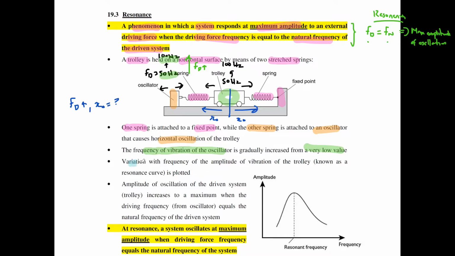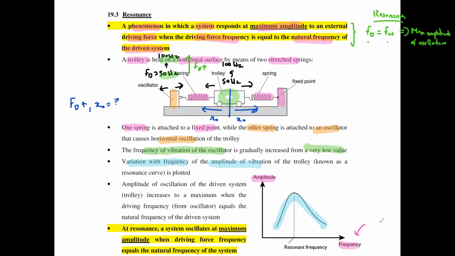Okay, so what you notice is that you get a very specific graph shape. If you were to plot the variation of the amplitude of vibration of the trolley with frequency, you will get something that looks like this. This is a graph of amplitude versus frequency.